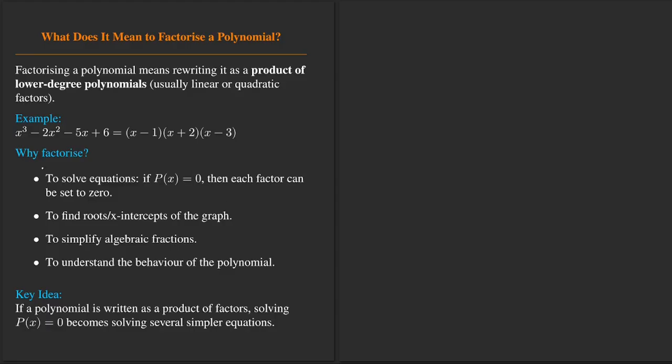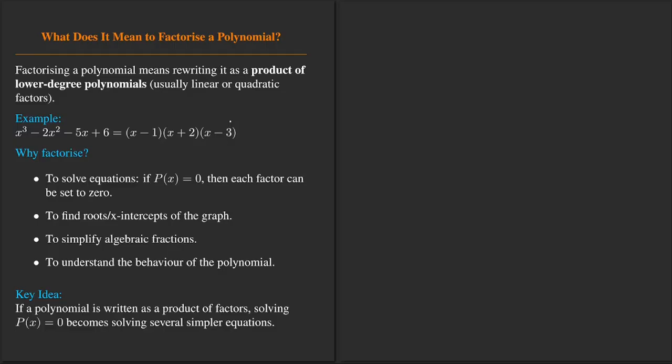For instance, if we have this polynomial here, this polynomial is of degree 3. So if you want to factorize this, then we are rewriting it as a product. This bracket here is multiplying this one, and then it's also multiplying this one. This polynomial has been rewritten as the product of these 3 polynomials. That is what we mean by factorizing.